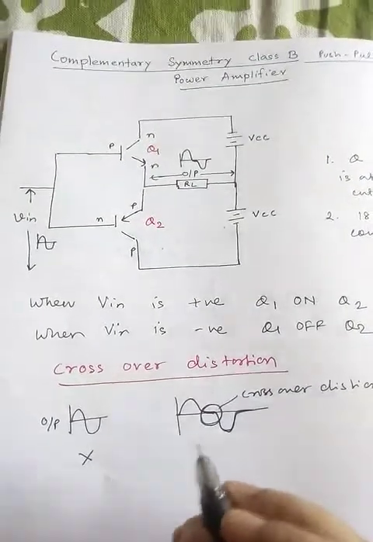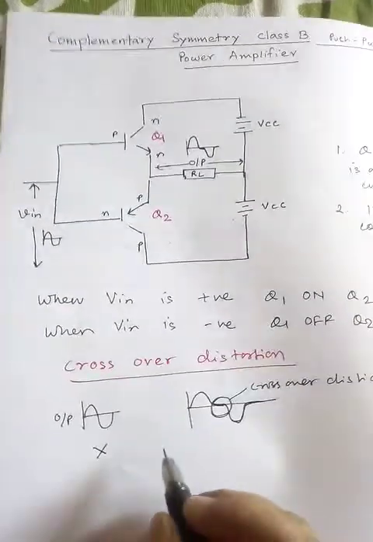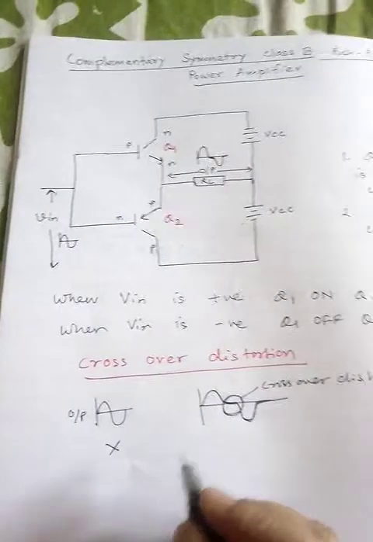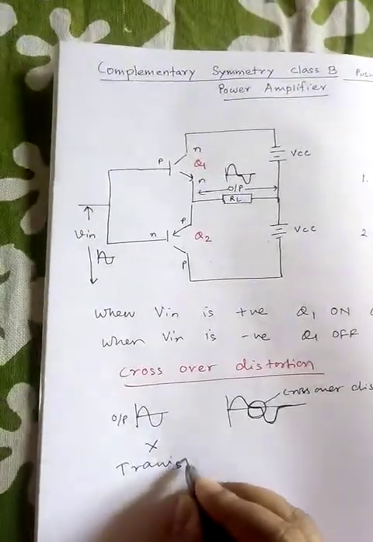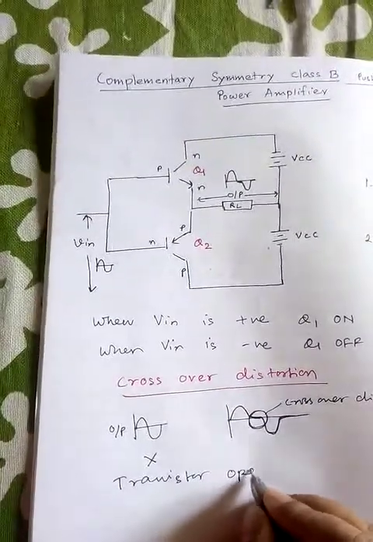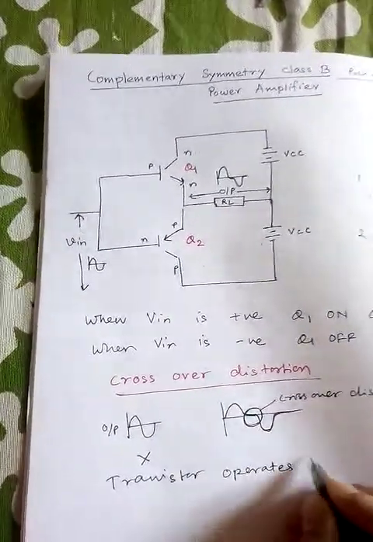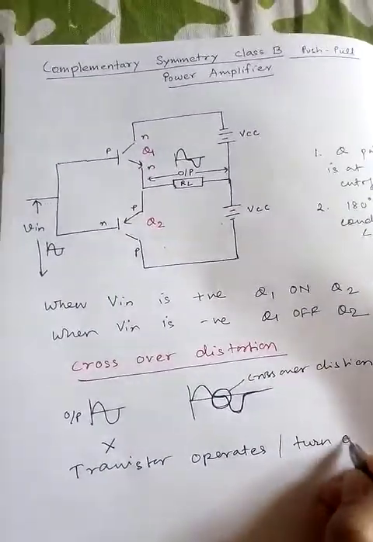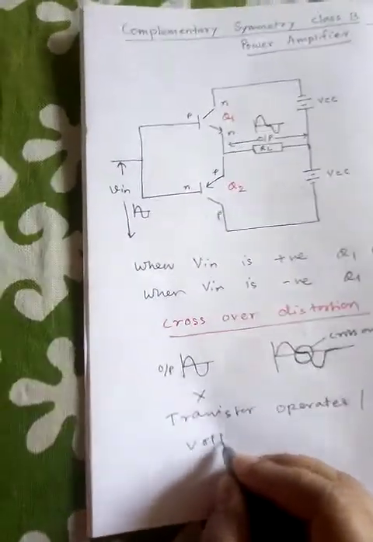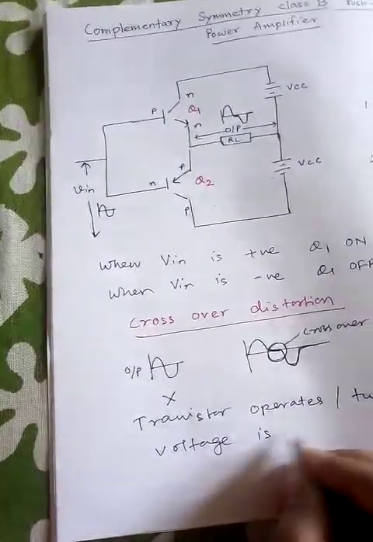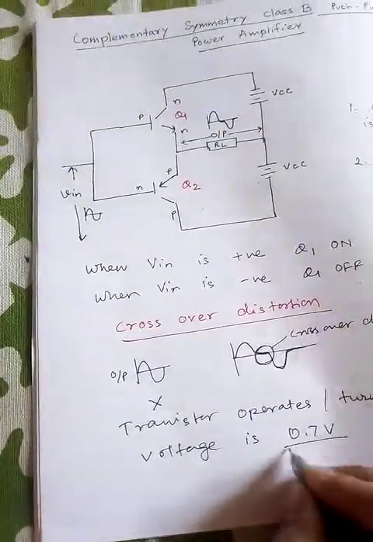Okay, now why is it happening? We know that any transistor operates or turns on when the voltage across it is 0.7 volts.